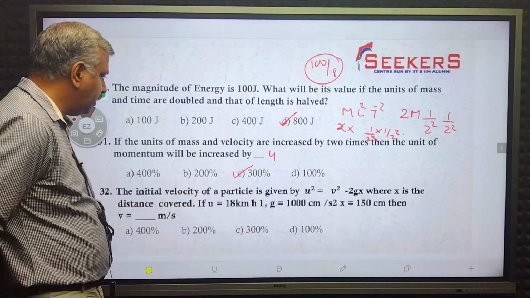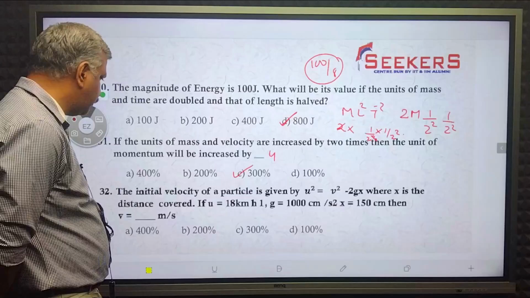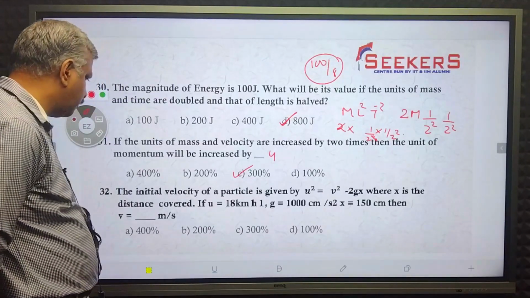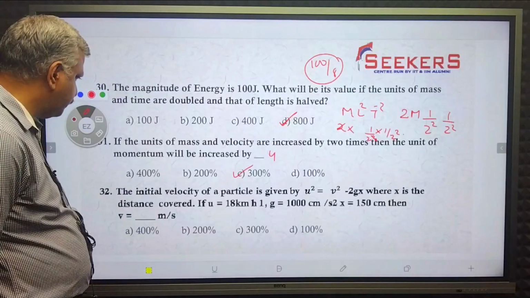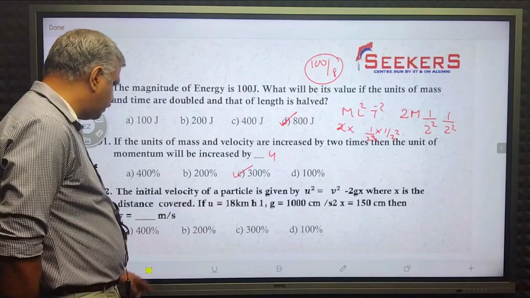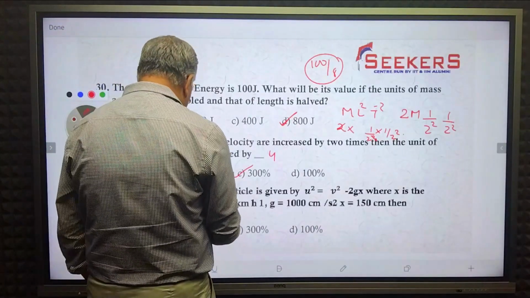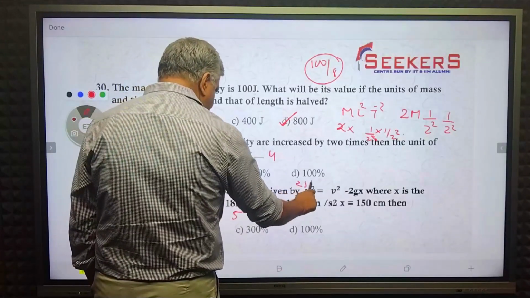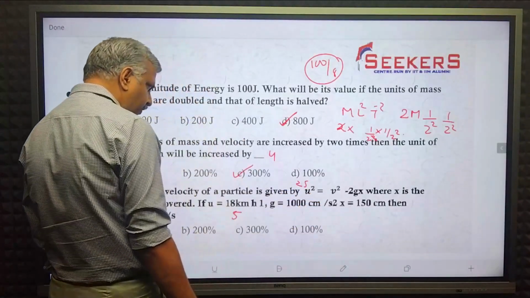The initial velocity of a particle is given by this. If u is this, g is this, x is this, then velocity in meters per second is how much? So there is some error in the question, but anyway we will just look at it. If u is 18 kilometers per hour, this is 5, so this will be 25. We need to find v.